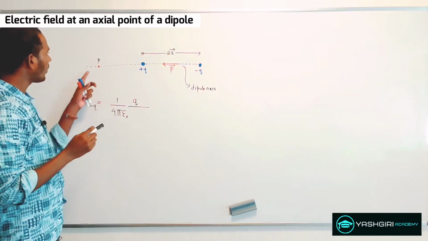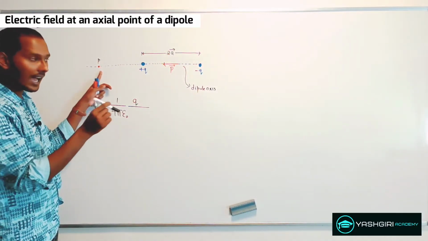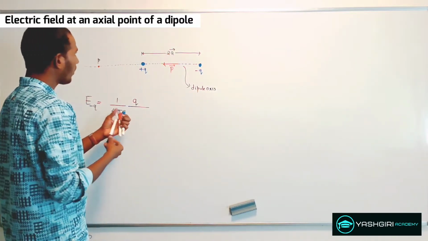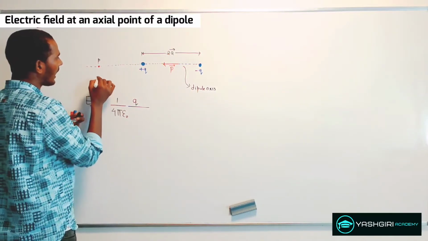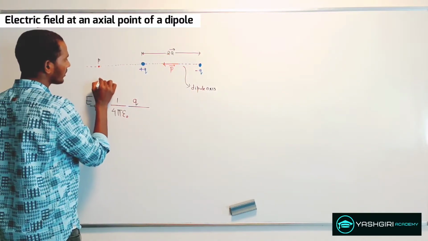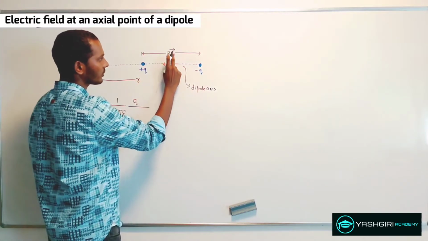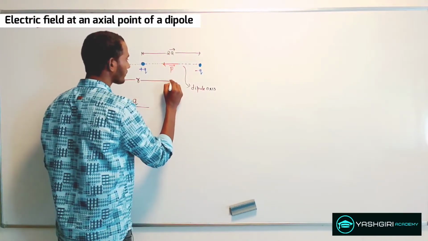So let me call this point P, which is at a distance of r from the center. So this is the center, and let this be the distance r.